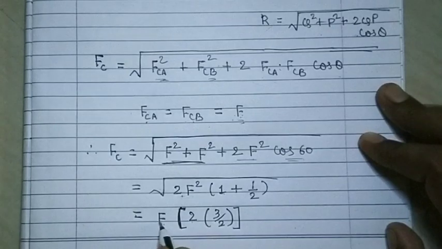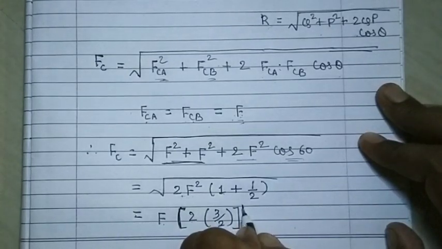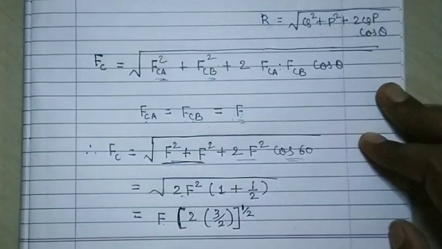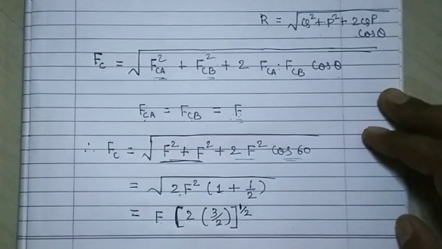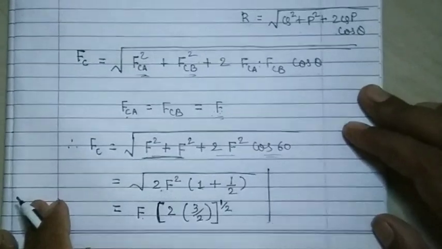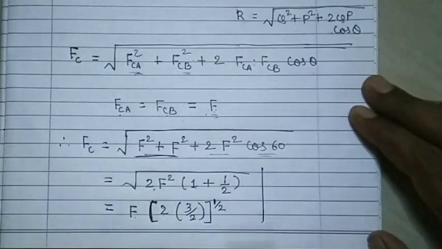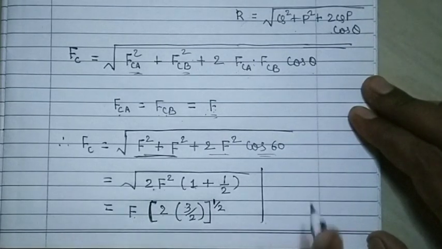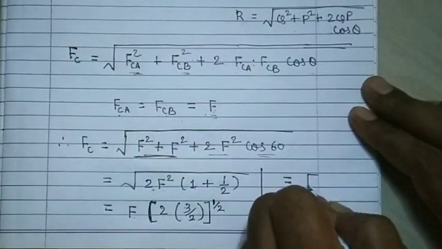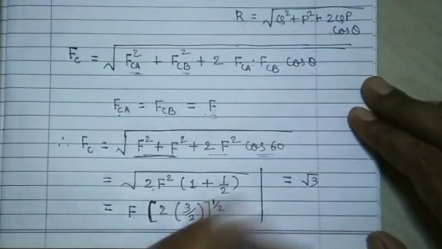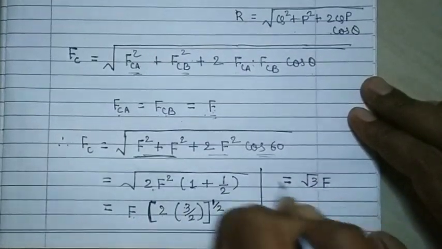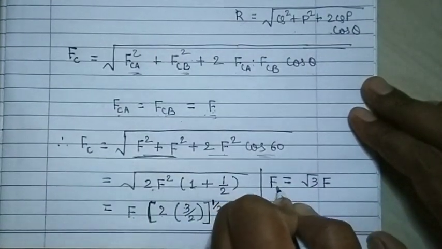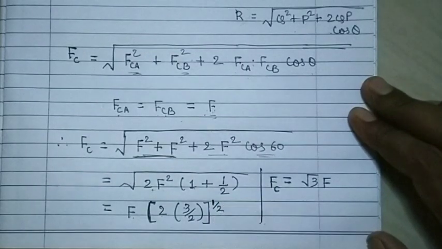This F is taken out, but this quantity is again in a root, so we can write it in the power form like this, raised to 1 by 2. Finally, 2 cancels and remains 3 raised to 1 by 2, means root of 3. So finally we can say that our answer is root 3 F. So the force on the charged particle at point C is root 3 F.